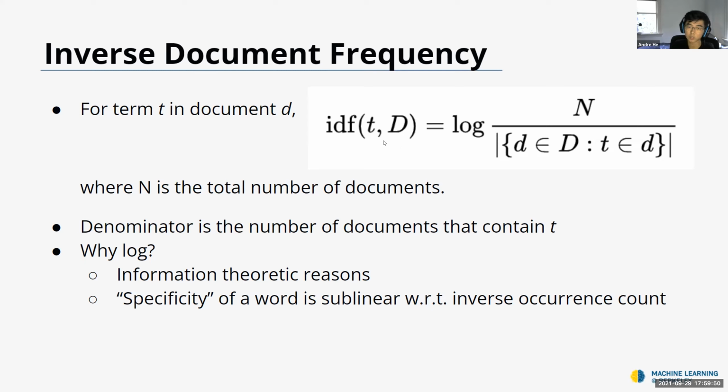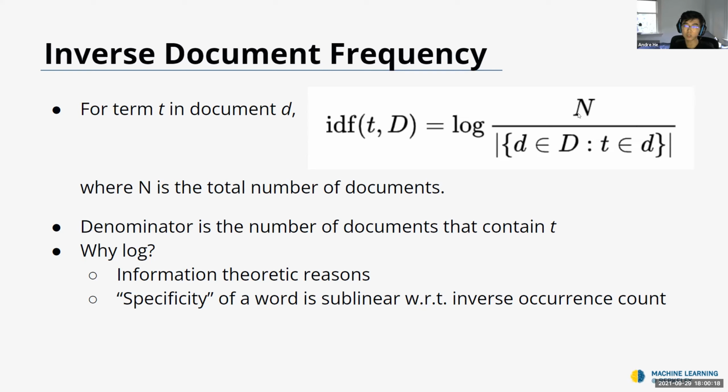You need to look at all the documents to figure out how much your term should matter, right? And then inside the log here is N over, where N is the total number of documents. N over, what this bottom term says is basically the number of documents which contain your term T.